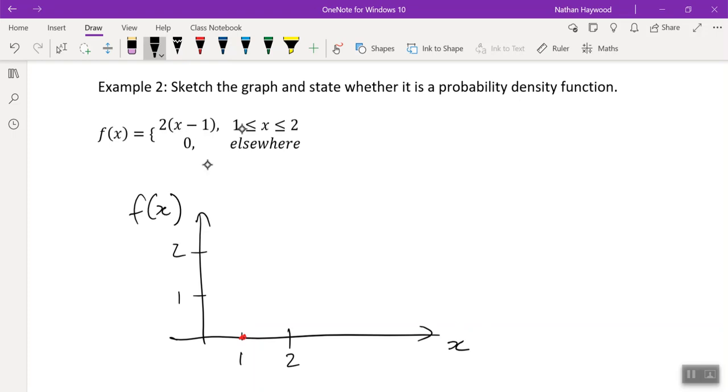The function, if you sub in 1, equals 0. Sub in 2. Function is equal to, sub in 2 is equals 2. So it looks like this.